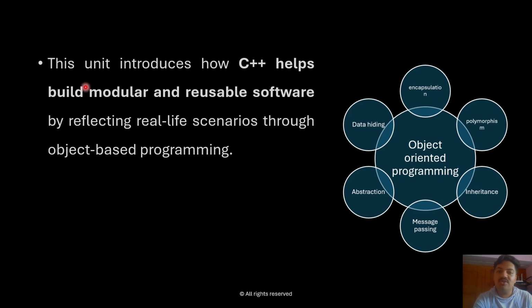So this unit will introduce how C++ helps us build modular code and reuse the software by reflecting real-life scenarios through object-oriented programming. By the end of this unit, we will be learning how to write modular and reusable software by using the C++ language. These are the six main concepts of object-oriented programming, that is encapsulation, polymorphism, inheritance, message passing, abstraction, and data hiding.